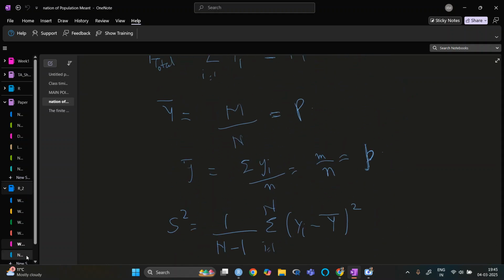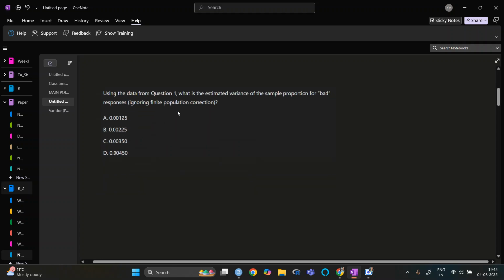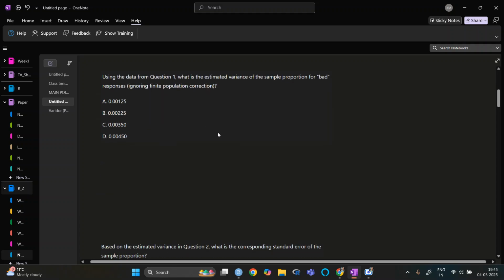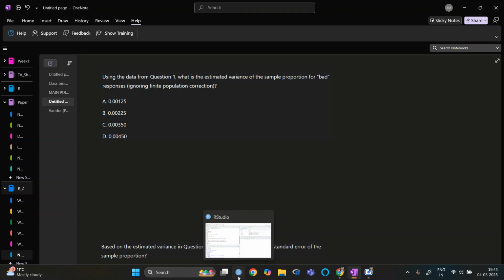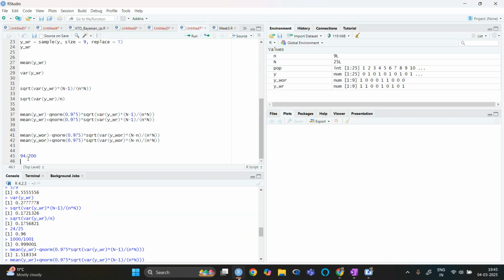Okay. So the estimated variance is basically PQ upon n. So this one is Q, and P is basically 1 minus this.